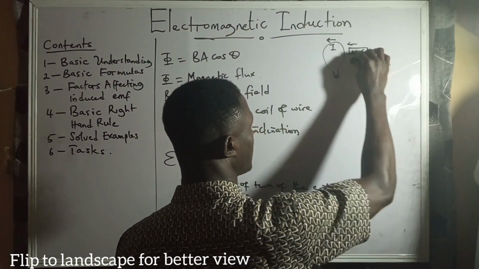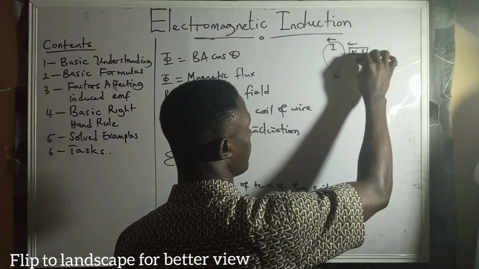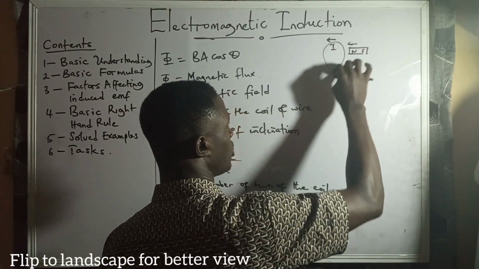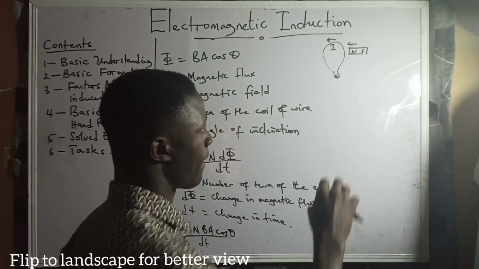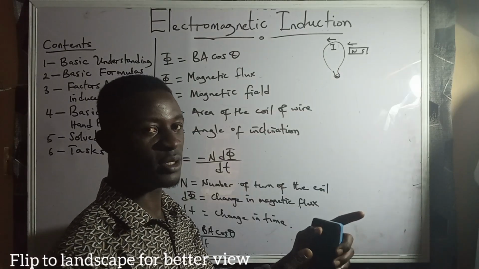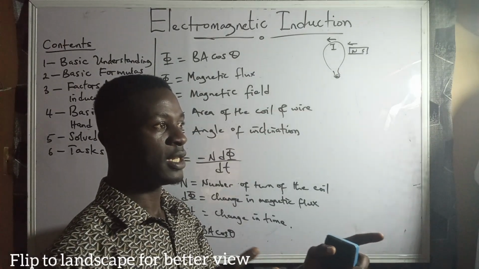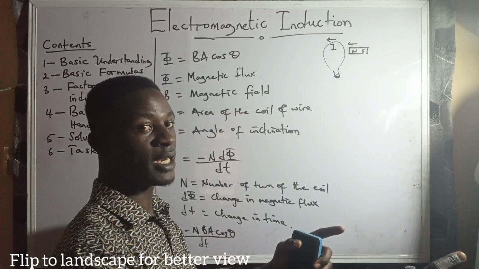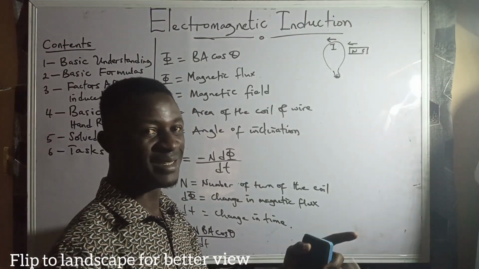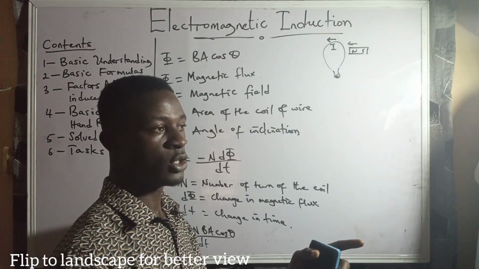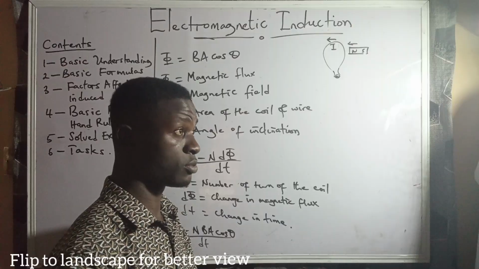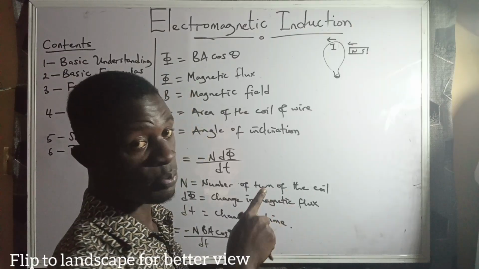If I move it slowly towards the coil of wire, the induced EMF or induced current will be small. So the faster the movement of the bar magnet towards the coil of wire, the greater the induced current or the induced EMF.